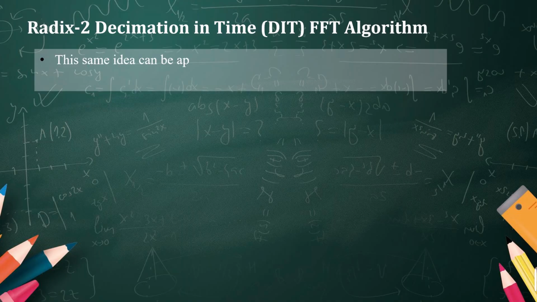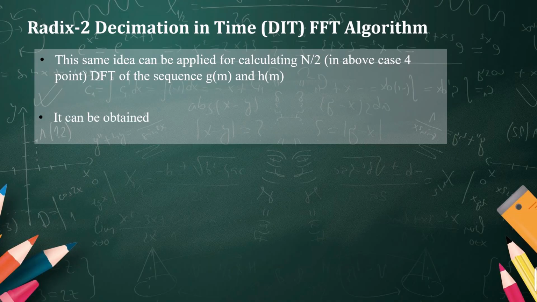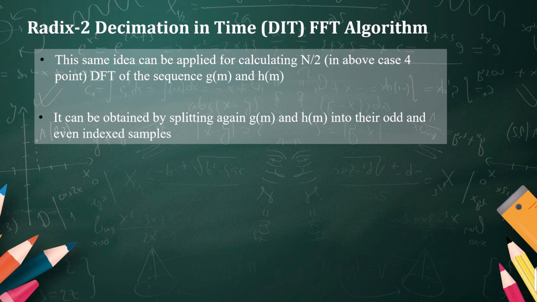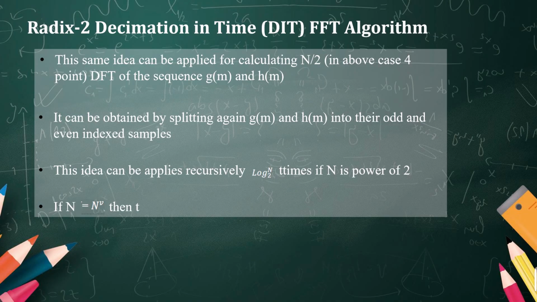This same idea can be applied for calculating the N/2-point DFT of the sequences G(m) and H(m), in the above case 4-point. It can be obtained by splitting G(m) and H(m) again into their odd and even index samples. This idea can be applied recursively log base 2 of N times if N is a power of 2. If N is equal to 2^v, then the final stage sequences are all of length 2.